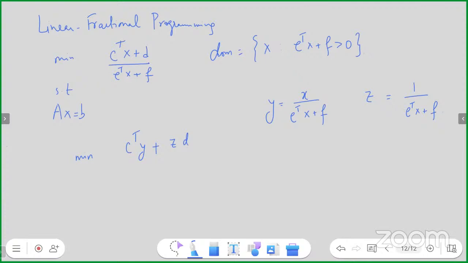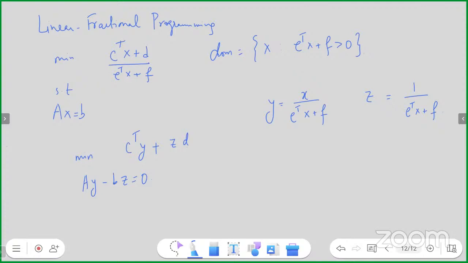And what are my constraints? I've added a new constraint. So this will simply give you A y minus b z equal to 0. See, the denominator will disappear because it's the same. A x equal to b, right?